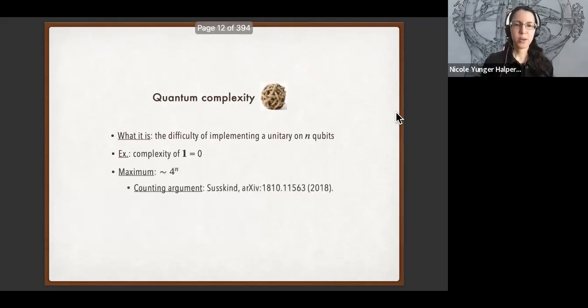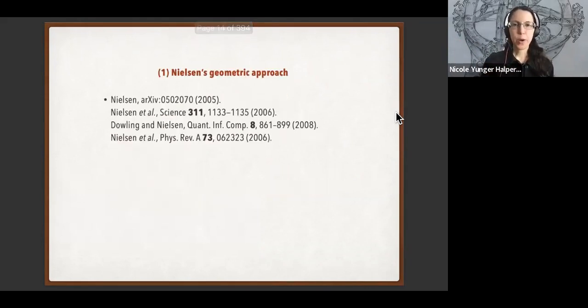And according to a counting argument, the maximum possible complexity scales exponentially with the system size. There are many different ways to quantify complexity. One was developed by Michael Nielsen and friends. They imagined that we have our quantum many-body system, evolving under some fixed Hamiltonian in time.